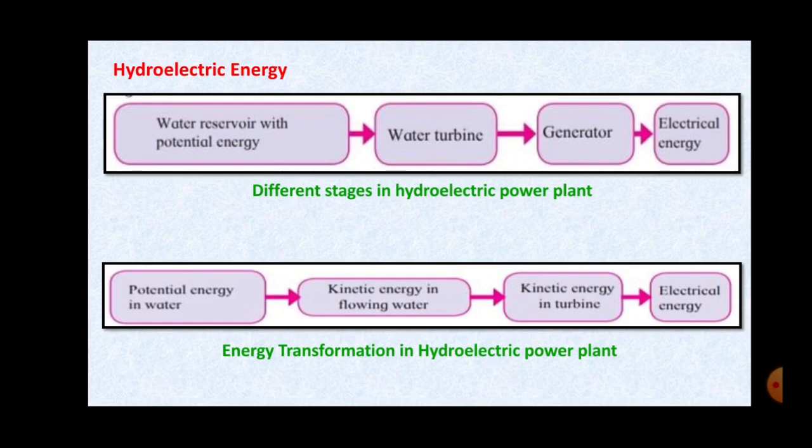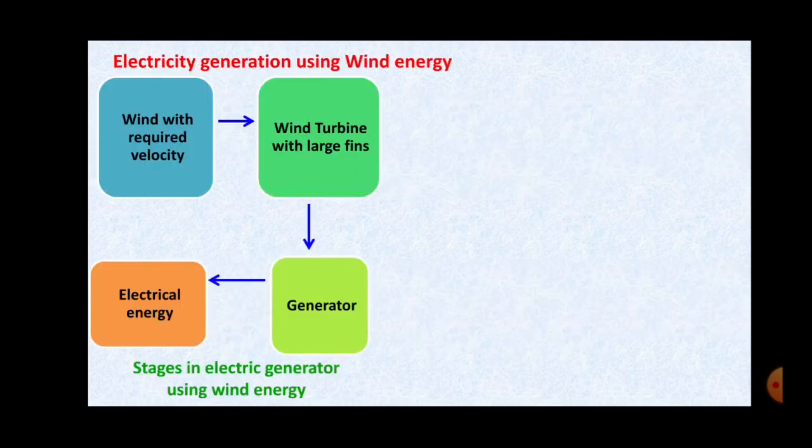Now today we are going to start with a new power plant, that is electricity generation using wind energy. This has been used since ancient times. The kinetic energy of the wind has been used since long.